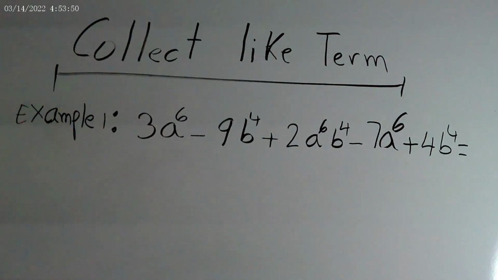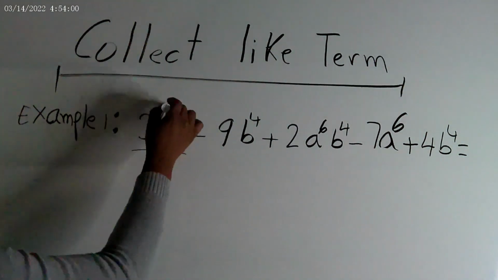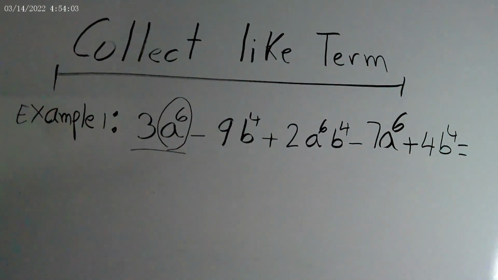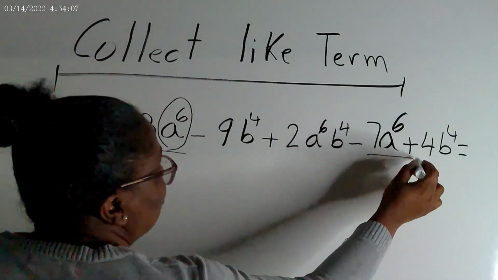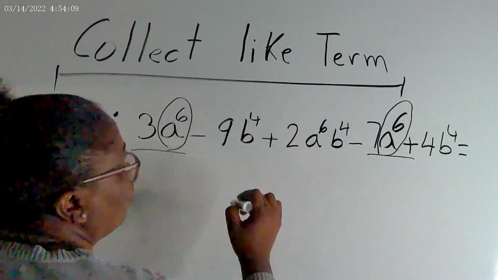When you look at the first one, you have 3a to the 6, and right here on this one, you have a to the 6.